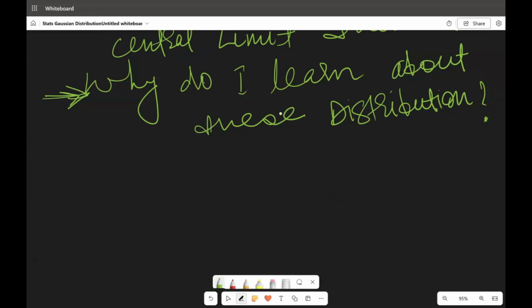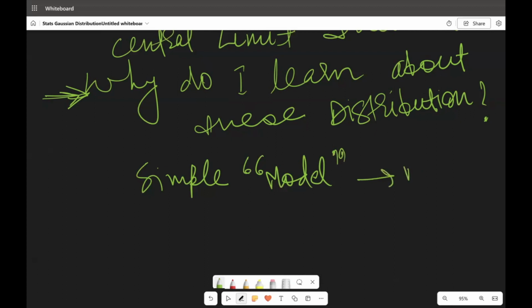But in short, I could say that distributions are a very simple model of natural behavior.